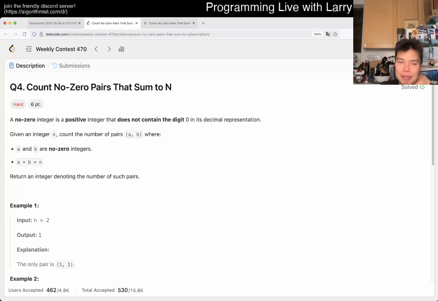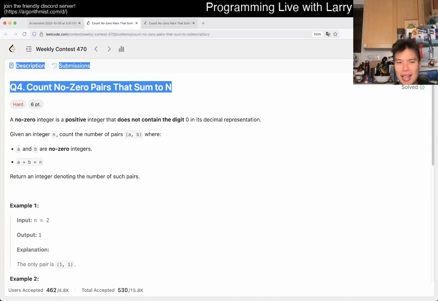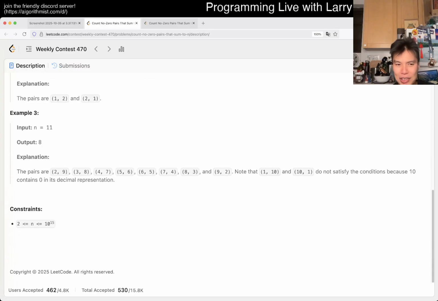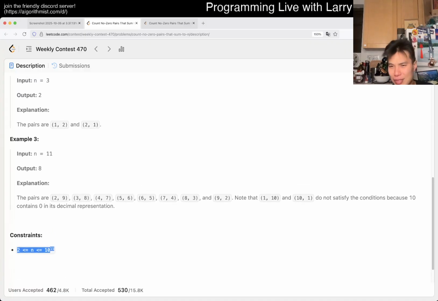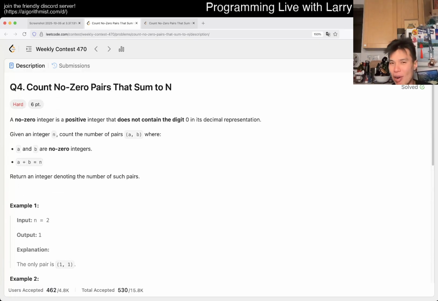But yeah. Okay, so the first thing I would say is that this is a count problem. You have some 10 to the 15, so immediately, honestly, maybe like 10 seconds after reading this problem, I knew that it was digit DP, digit dynamic programming.